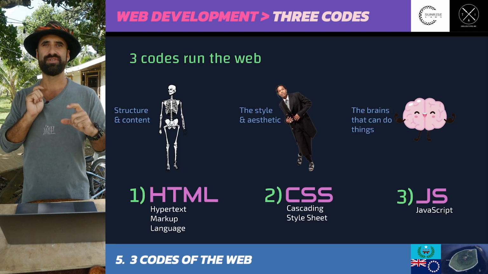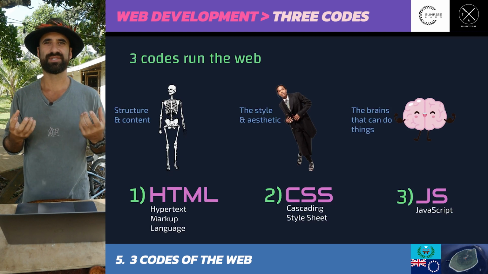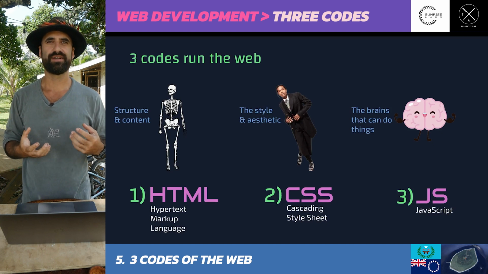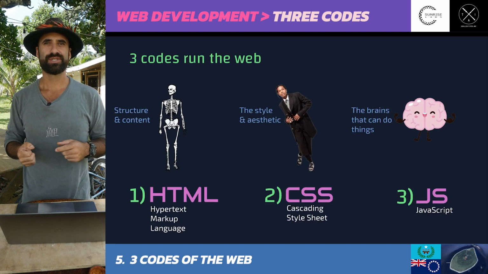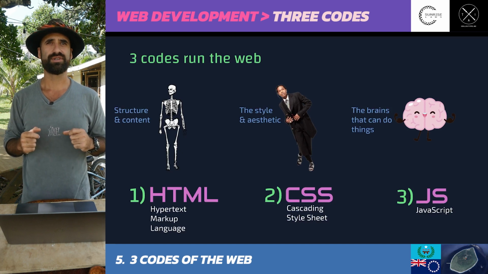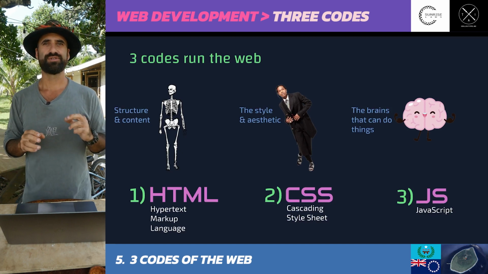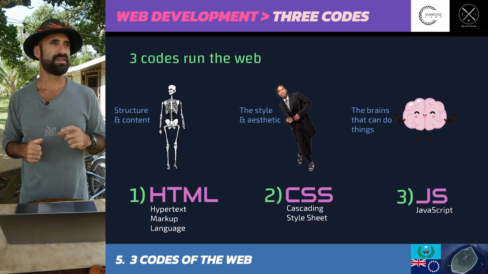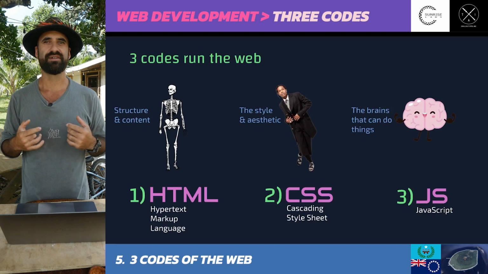Without the JavaScript and you click that button, nothing happens. There's no logic or instructions for what that page or app is supposed to do. So the JavaScript is the thinking of the app, and you'd write JavaScript code that says if this button is clicked, then get this data.